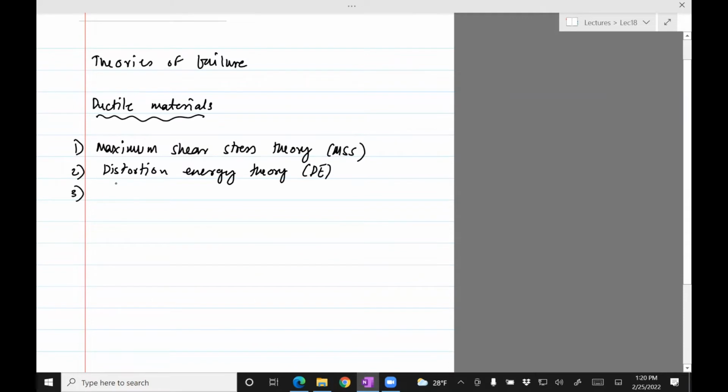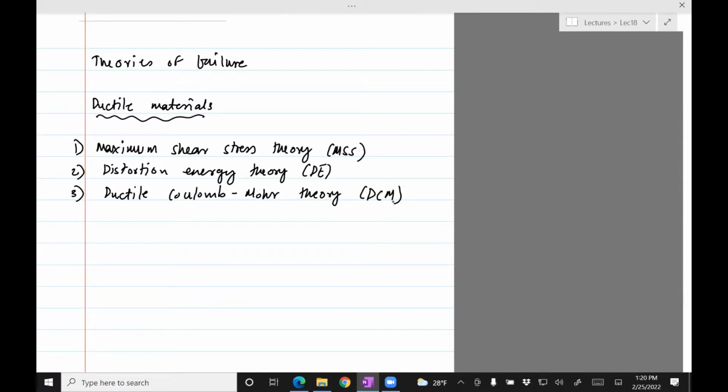Third one, ductile Coulomb-Mohr, also known as DCM.